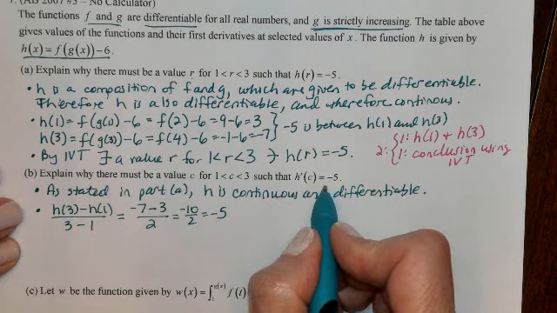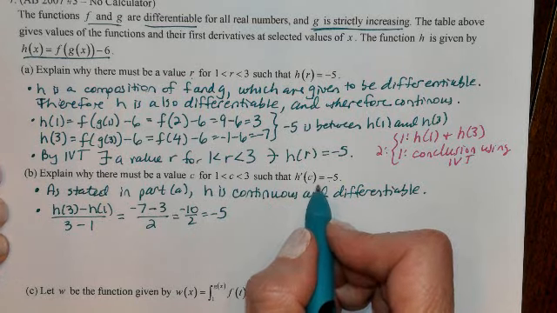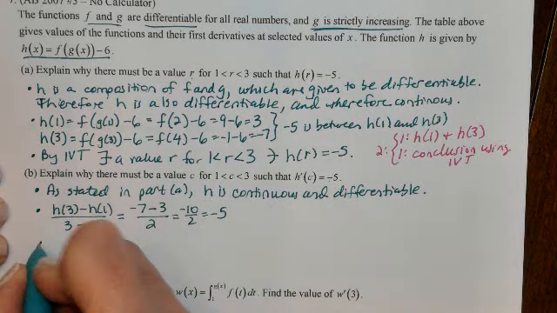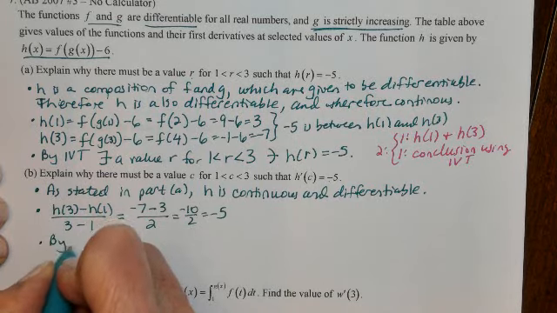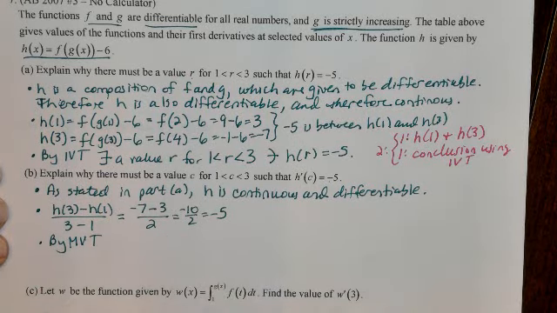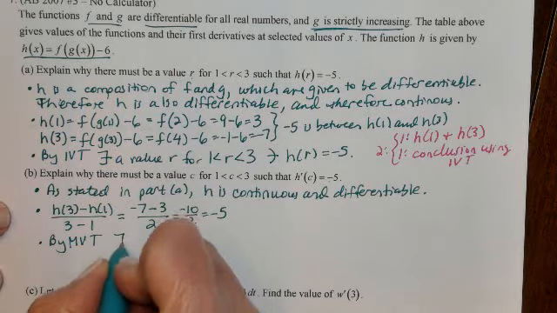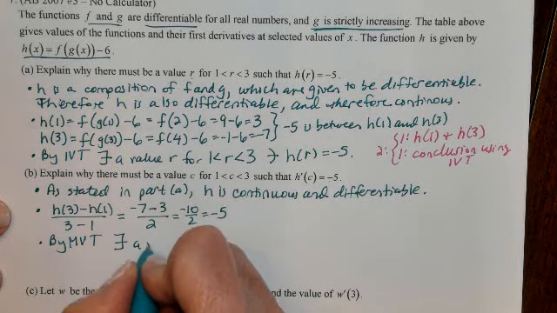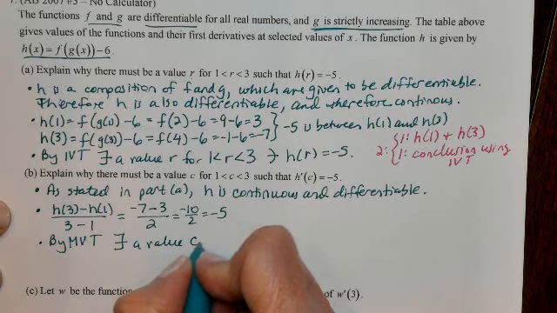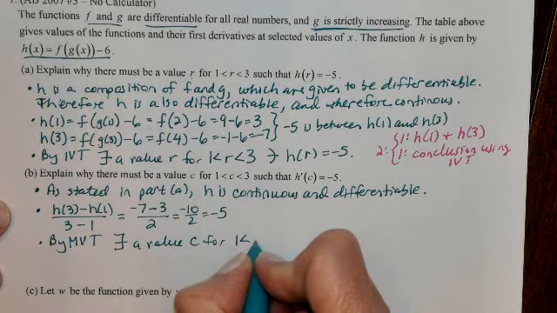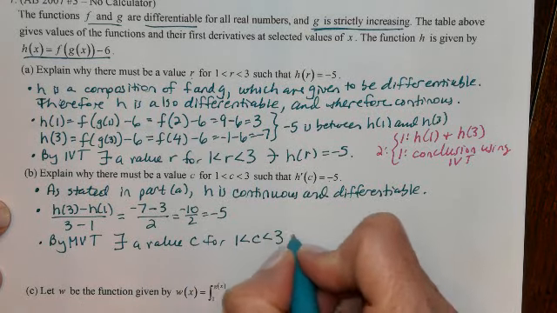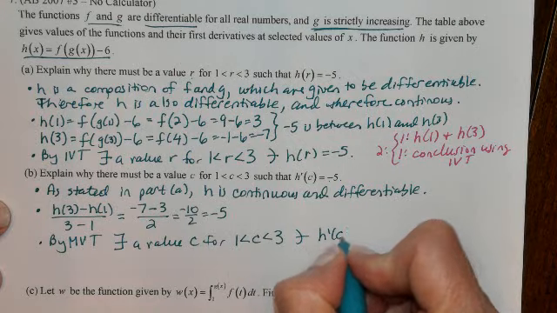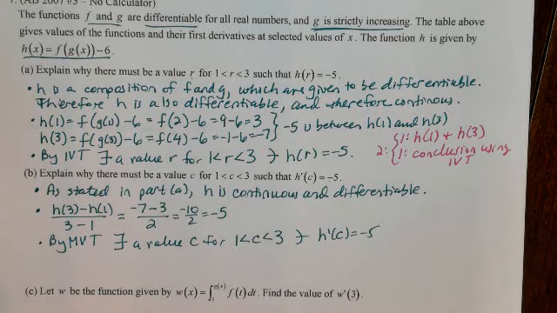I'm breathing a sigh of relief that we got -5, because now it's just a matter of writing our statement by MVT, which again, you don't have to say by MVT, you can just say therefore. But by MVT, there exists, and now I just come up and read this, a value C for C between 1 and 3 such that h prime of C is -5.